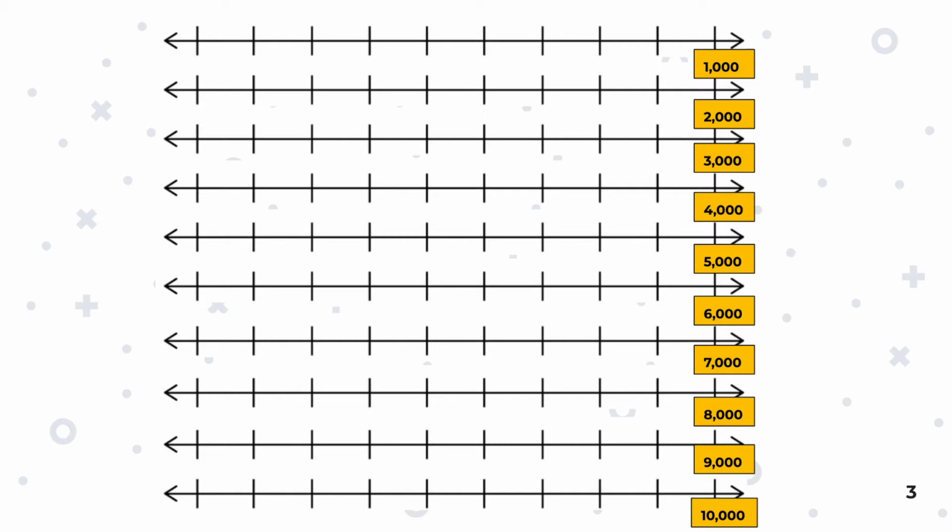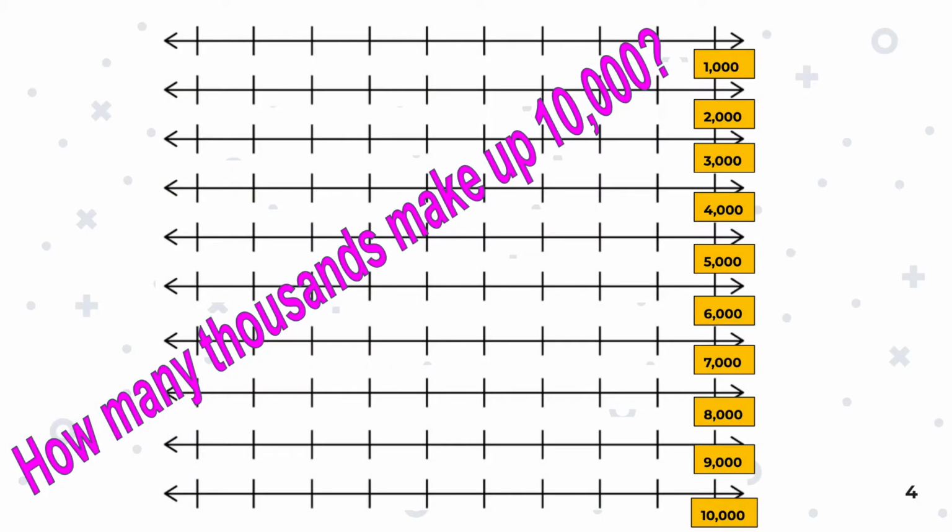I'm going to give you a second to think about a question. How many thousands did it take to get to 10,000? Or how many thousands make up 10,000? You can pause here and think about it and share some responses. Okay, let's see if we were right. We're going to count all the thousands to get to 10,000 and see how many thousands are in 10,000.